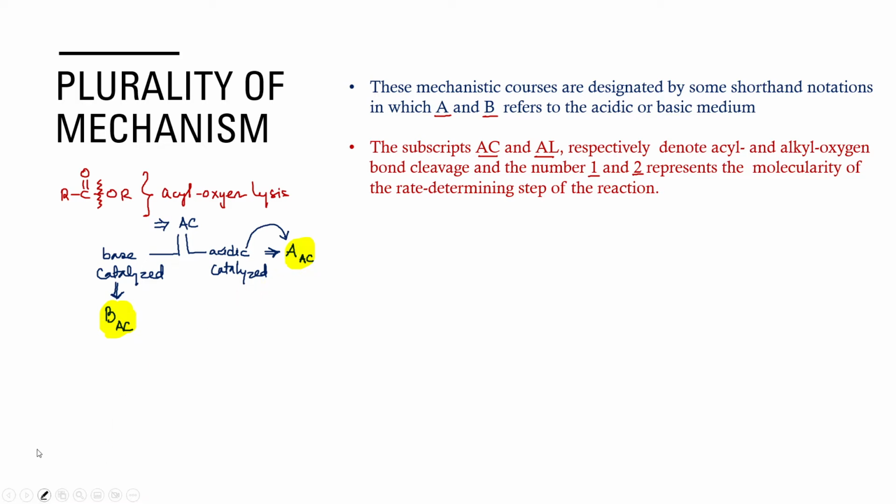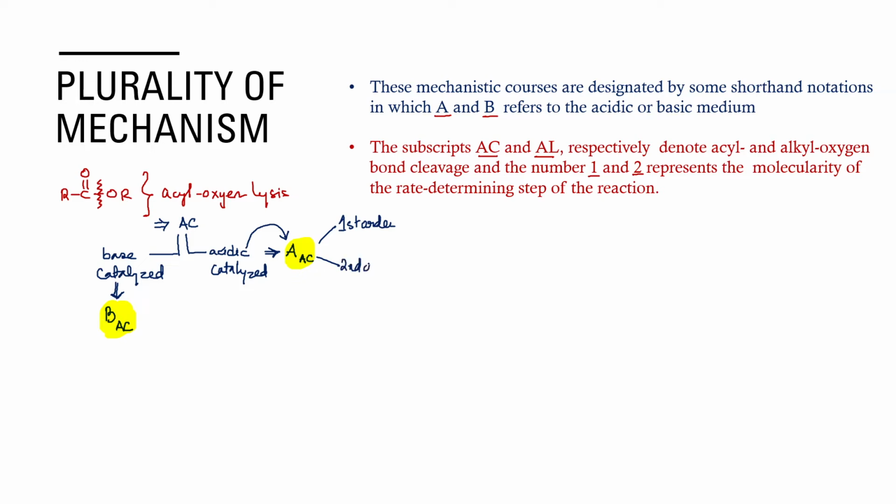अब ये पॉसिबल है कि जो मैकेनिज्म एसिड कैटलाइज में चल रहा है वो फर्स्ट ऑर्डर मैकेनिज्म से प्रोसीड करे और इट प्रोसीड्स बाय फर्स्ट ऑर्डर पाथवे. इट इज आल्सो पॉसिबल दैट इट प्रोसीड्स बाय अ सेकंड ऑर्डर पाथवे.